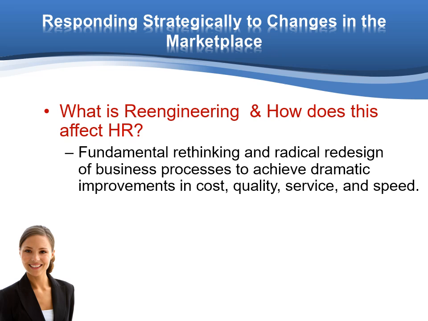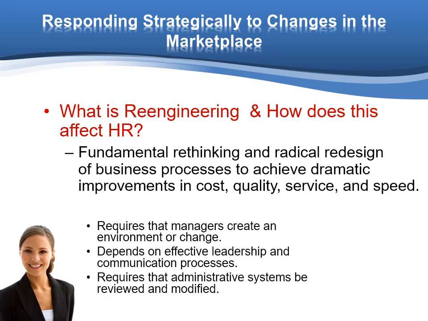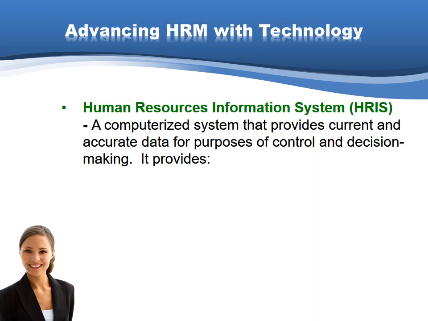And that means a radical rethinking and redesign of the process, while meantime ensuring employee safety. It requires that managers create an environment for change, depends on effective leadership and communication processes, and requires that administrative systems be reviewed and modified almost constantly.